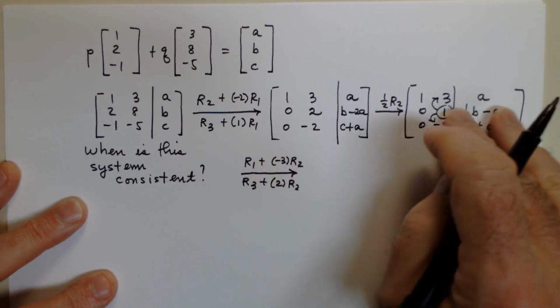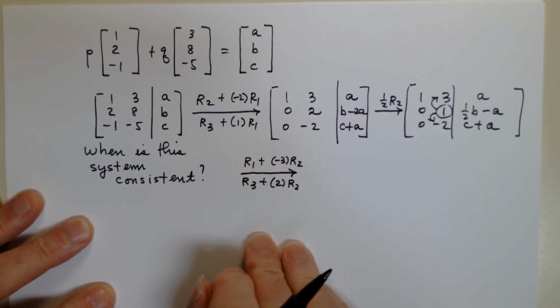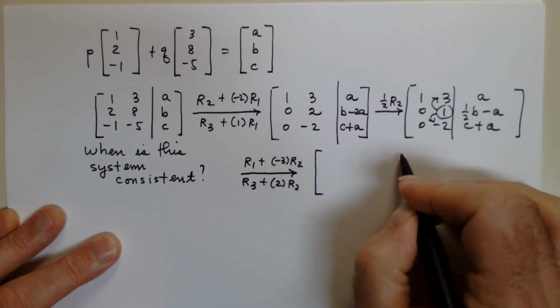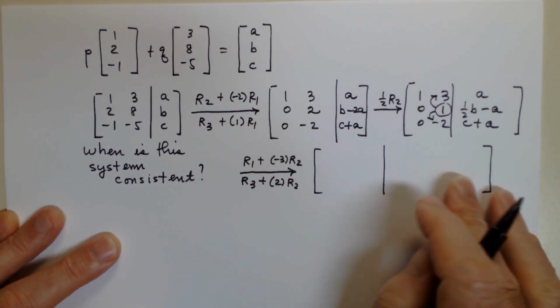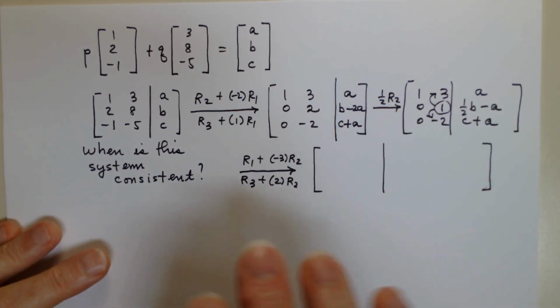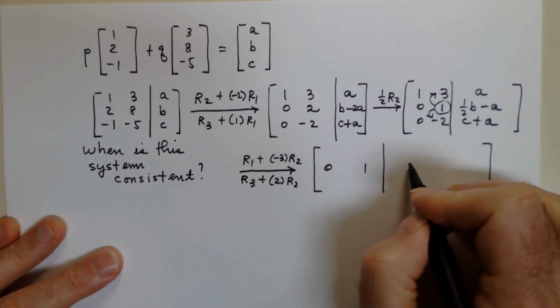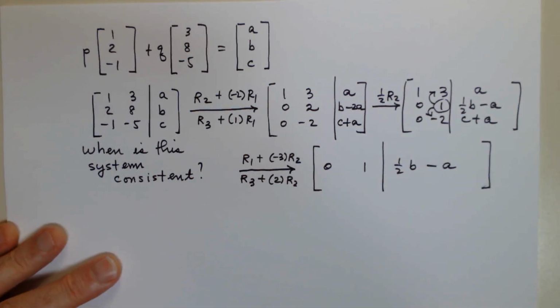So row 2 is going to be used to affect changes in rows 1 and 3 according to this recipe. Now remember, row 2 is not changing, so I'll have a 0, a 1, a 1/2 B minus A.